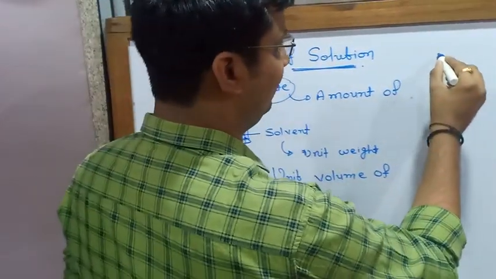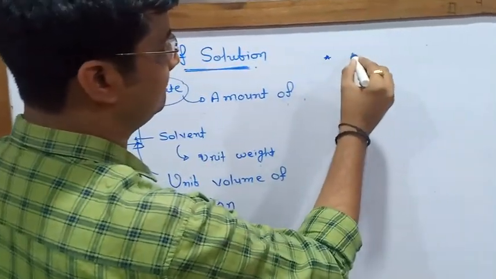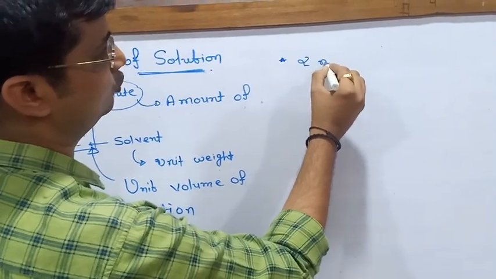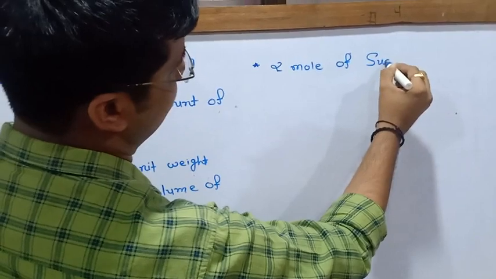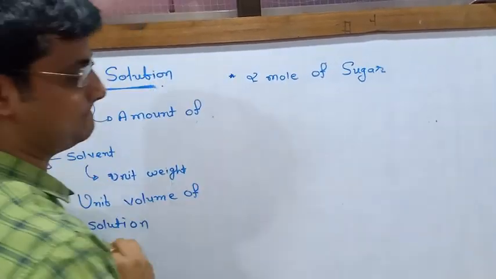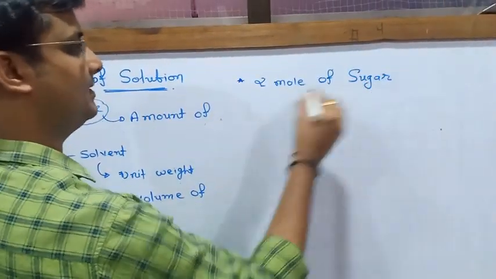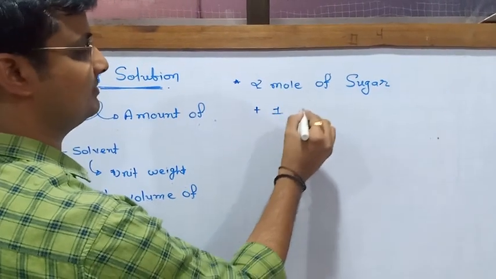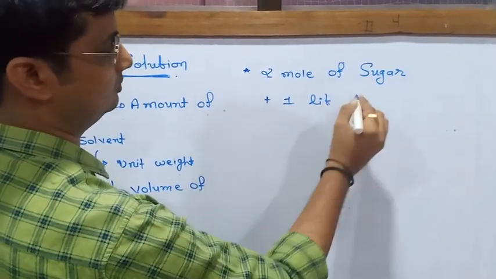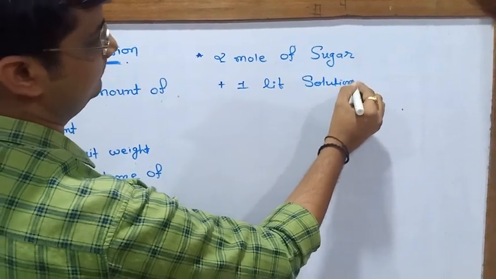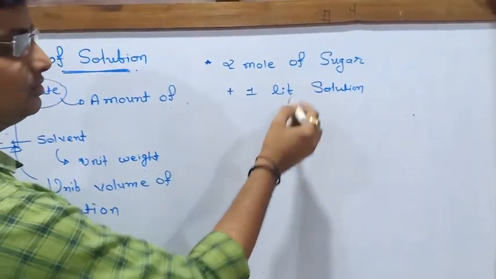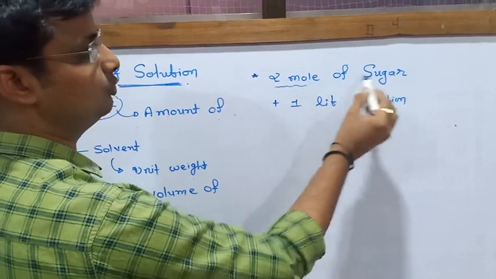If I write here 2 mole of sugar plus 1 liter solution, so in 1 liter of solution there is 2 mole of sugar.